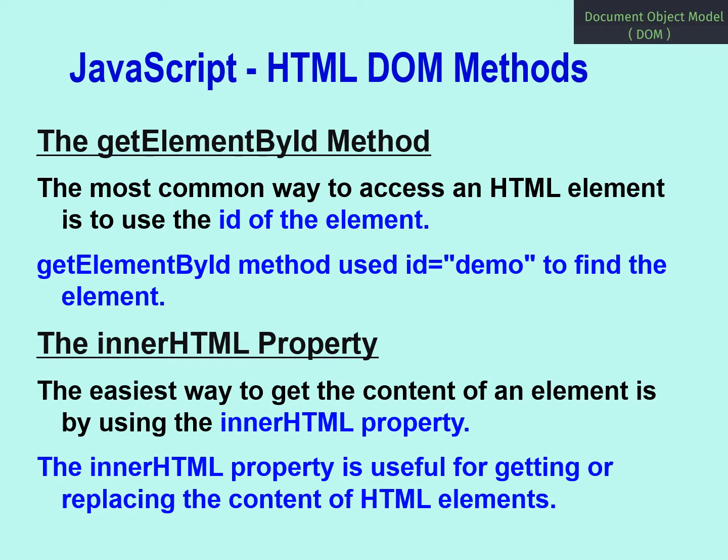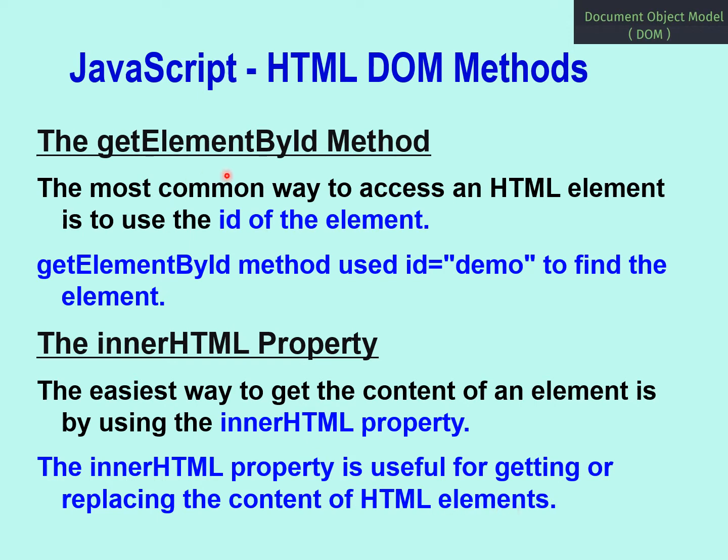The next is the innerHTML property. It is the easiest way to get the content of an element by using the innerHTML property. If we want to know what content is present inside a particular HTML element, we have to use this innerHTML property. The innerHTML property is useful for getting or replacing the contents of HTML elements.